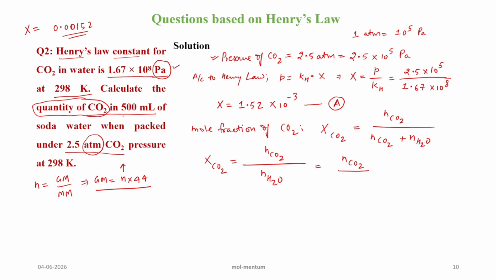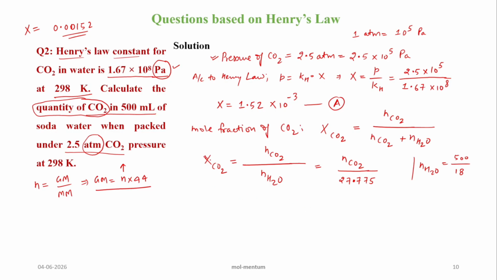So either you can take 55.55 and divide the result later by 2, or simply, since volume is 500 ml, we can directly write 55.55 divided by 2, which comes out to be 27.775 in 500 ml. So 27.775 is nothing but the number of moles of water. You should not have any confusion: 500 gram by 18, if you divide this, it comes out to be 27.775.